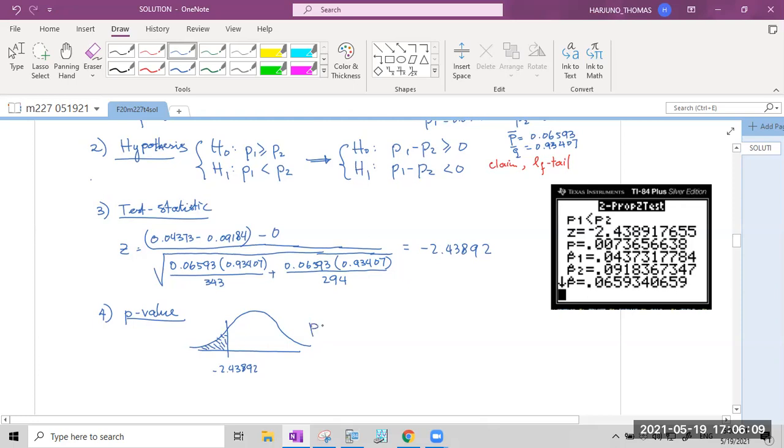So the p-value is normalcdf of negative E99, negative 2.4389201, and the p-value is 0.007365.